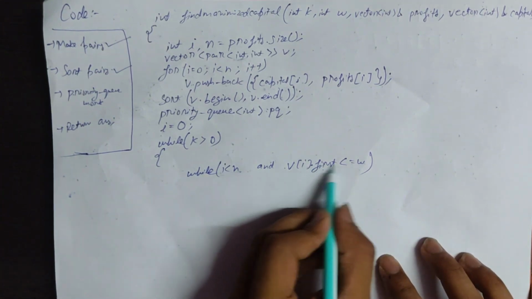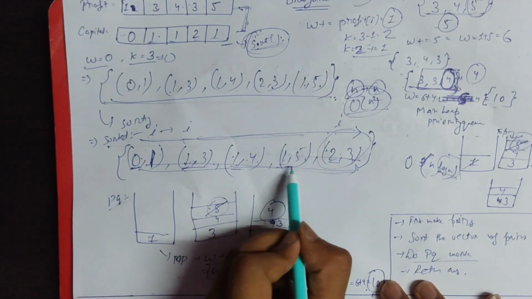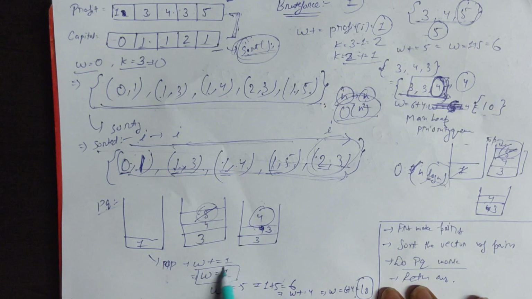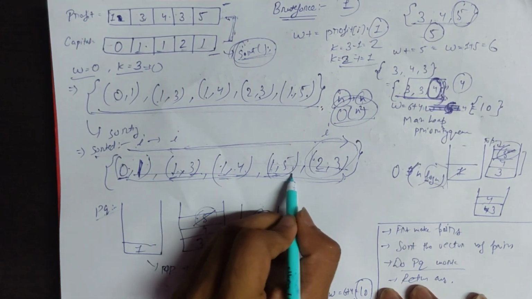And if v[i].first is less than or equal to w, our current value of w, we will then push the second value in the priority queue. Otherwise we will not push.